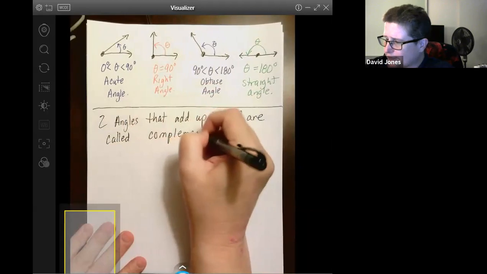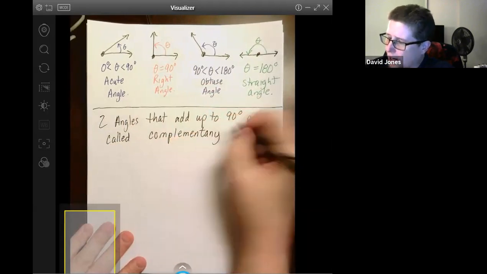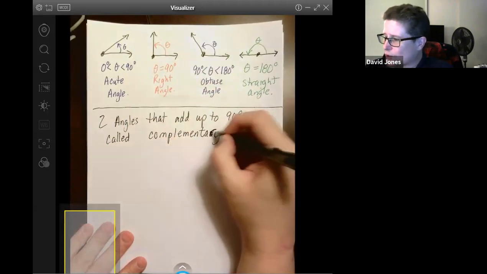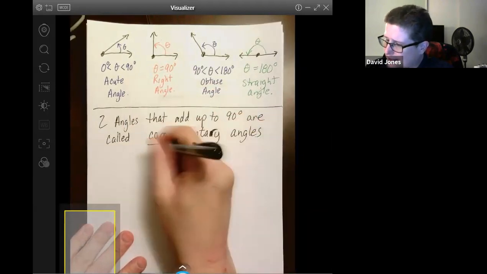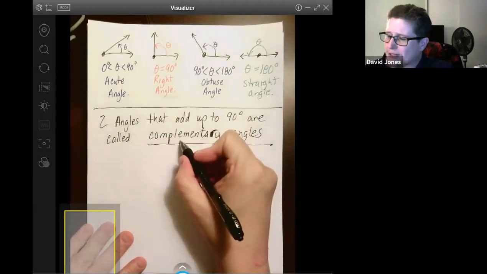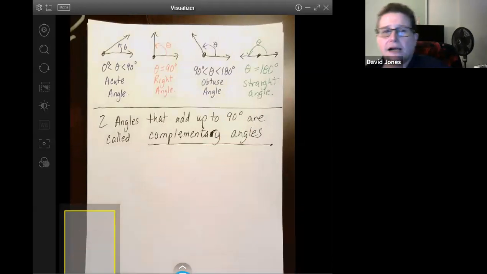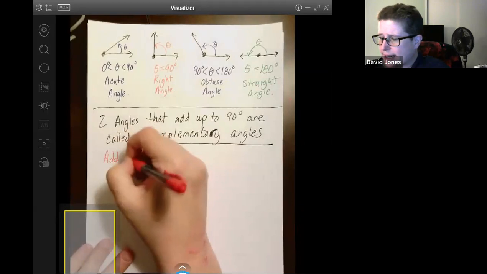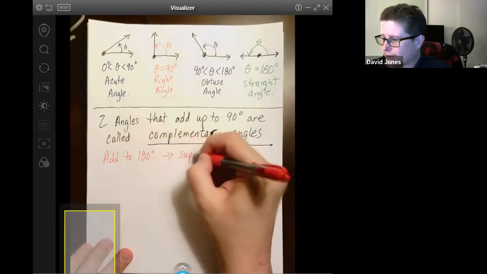And it's spelled differently than giving someone a compliment, or complimentary things at a hotel, where something's free. That's an I right there, not an E. These are called complementary angles. If they add to 180, they're called supplementary angles.